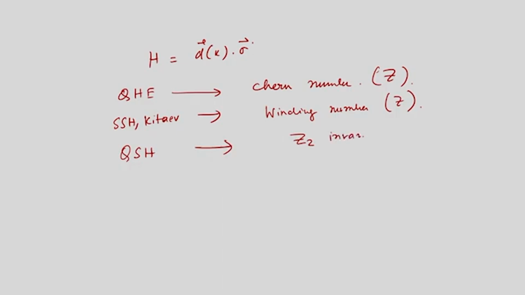Okay, so this is in 2D, this is in 1D we have done, and this is again in 2D graphene that we have done. Okay, so there are various such classifications that exist.